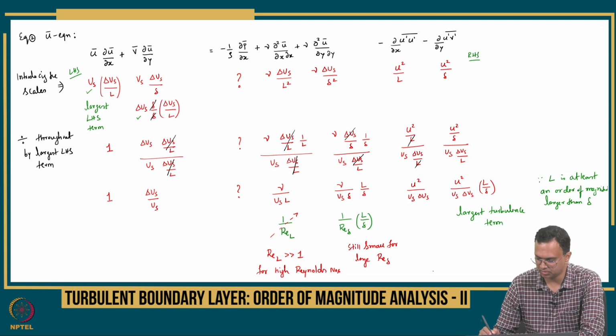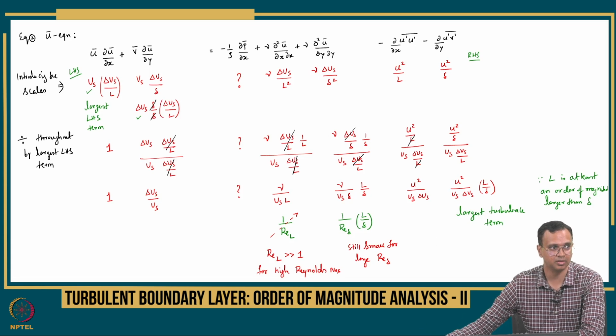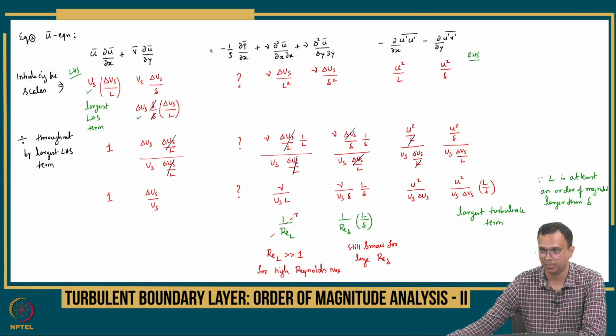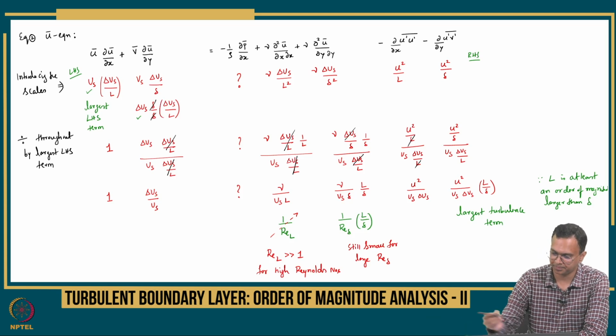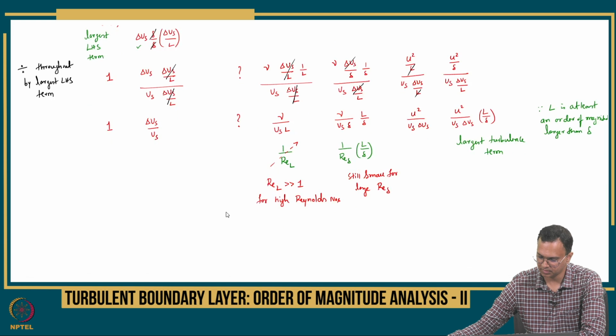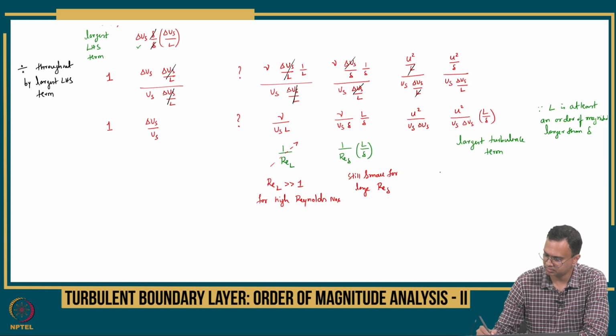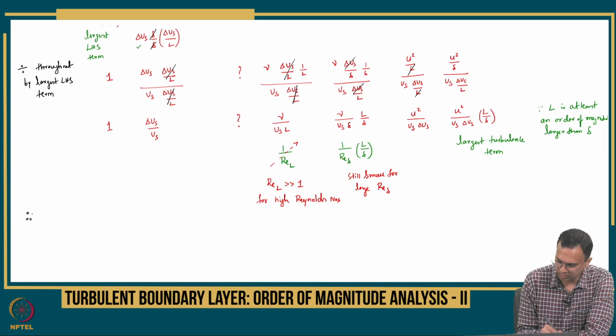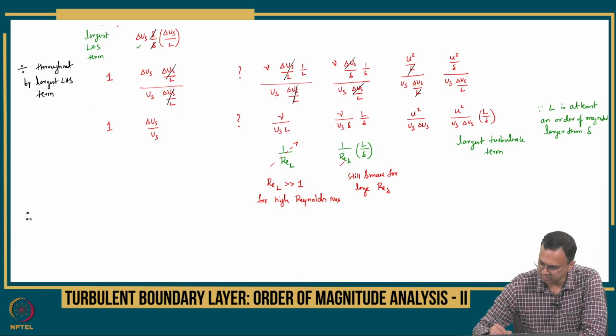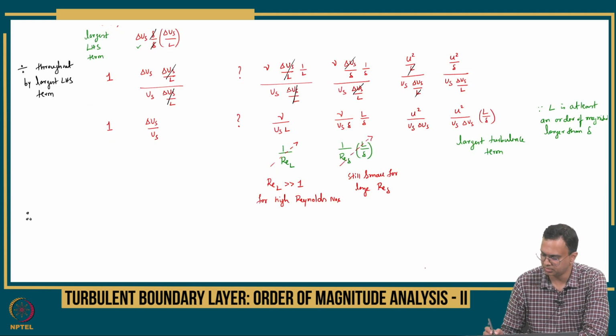So that means there is no other competition here now. The largest turbulence term must be balancing the left hand side term here. Of course, unless we want the pressure term to participate. So now we have the largest turbulence term, so therefore I can say here it's also negligible.